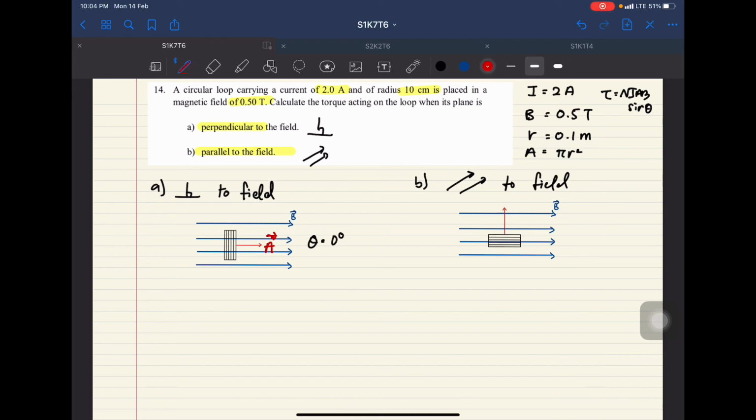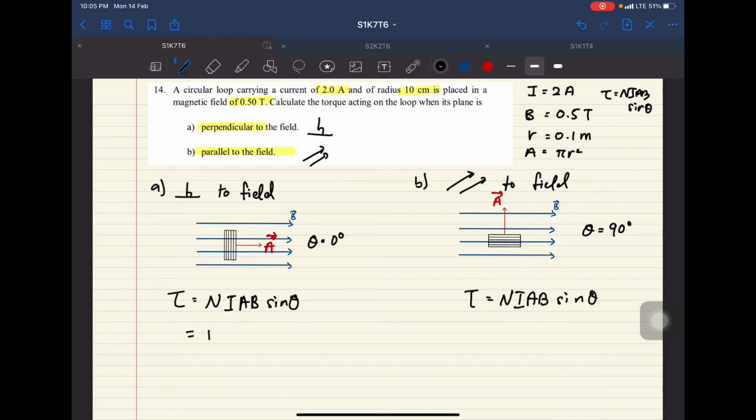On the other hand, on part B, you have area that is going upwards, B to the right, so theta is equals to 90 degrees. Okay, so you want to apply the same formula, torque equals to NIAB sine theta. Okay, the only difference will be the angle.